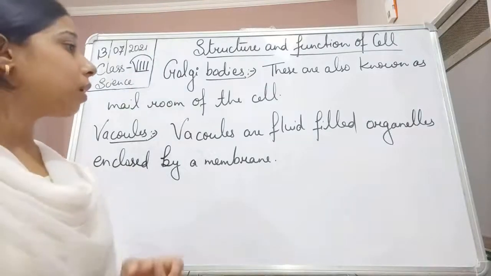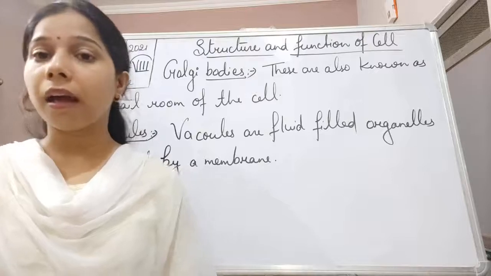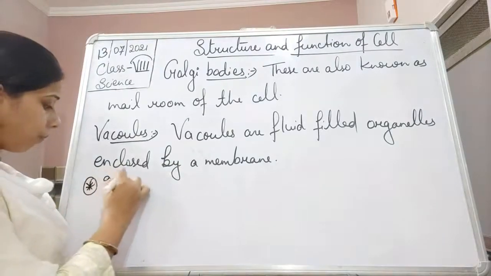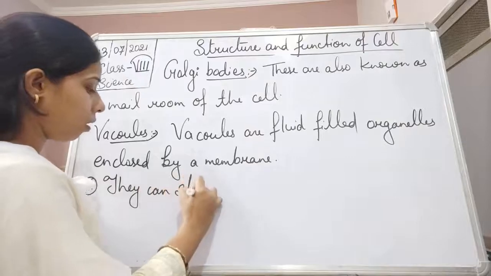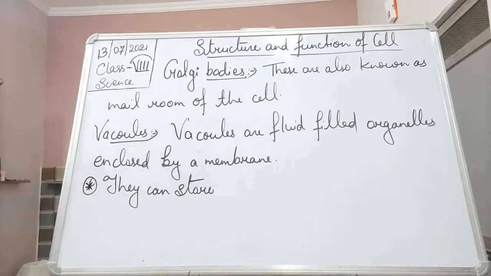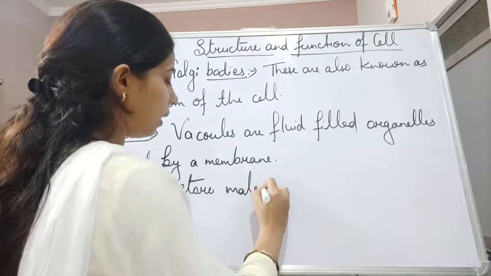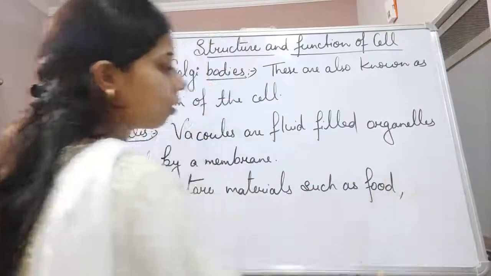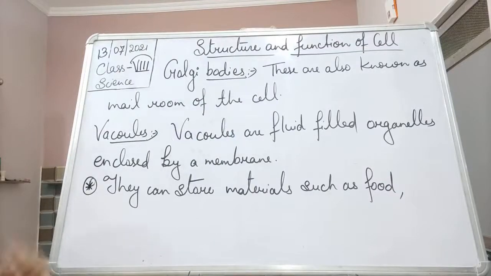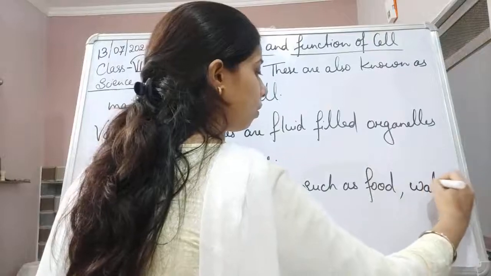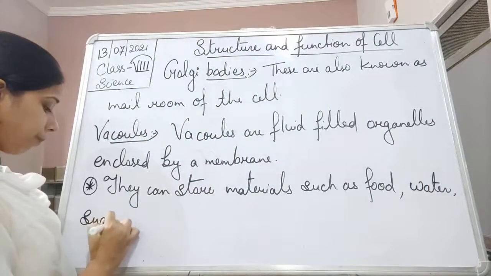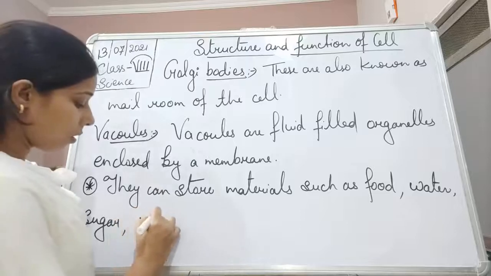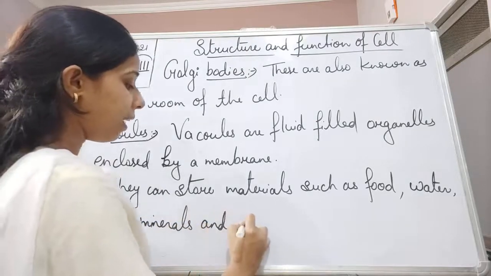So vacuoles are fluid filled organelles enclosed by a membrane, and these vacuoles can store material such as food, water, sugar, minerals and waste products.